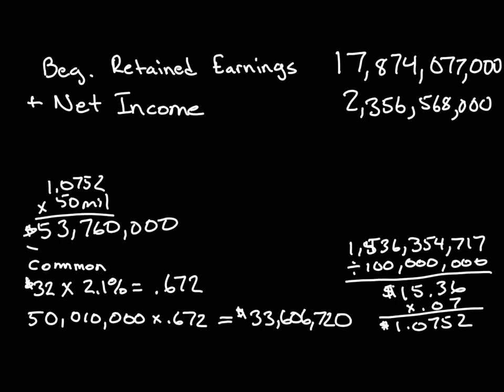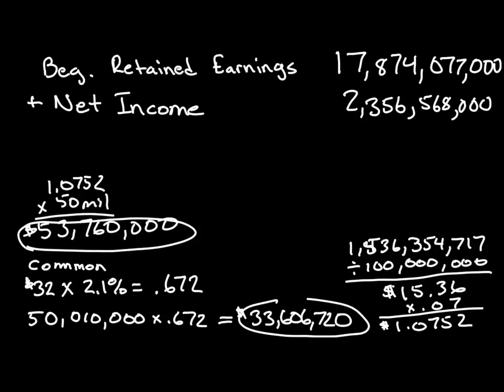And if we take this number here and add it to this number here, we should get a dividend of 87,366,720.